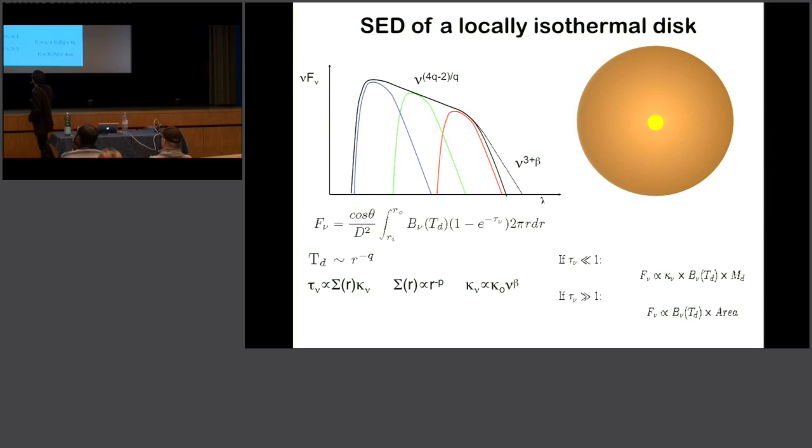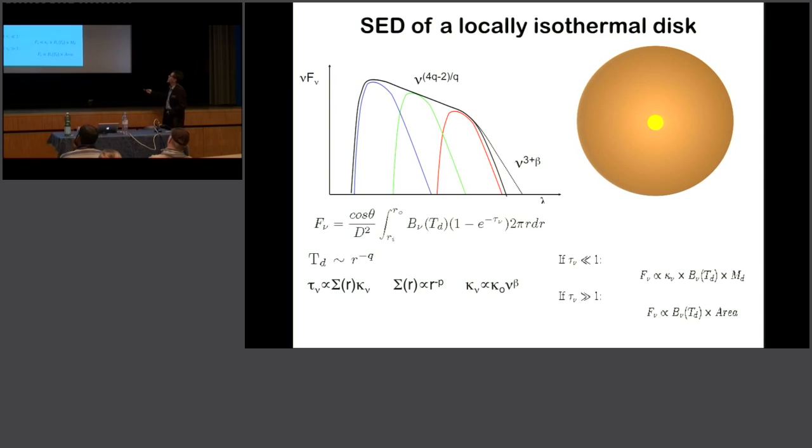You have a disk that is heated by a central star. There is a range of temperatures. The inner disk is warmer and the outer disk is cooler. You can very well approximate the spectral energy distribution of this system as a superposition of essentially the black body emission at each radius, corrected for the optical depth, obviously. From this, you can see that there are a few regimes.